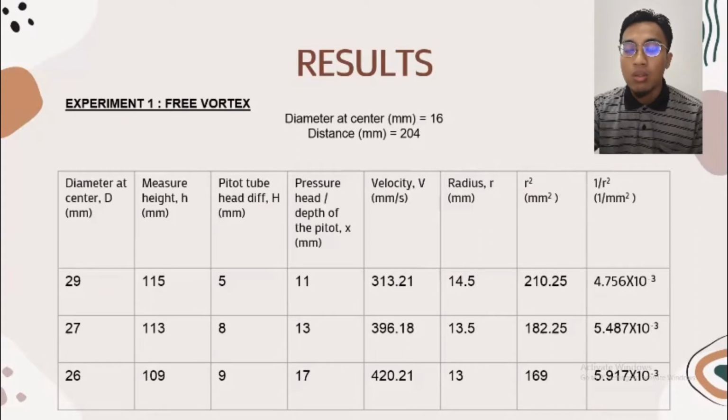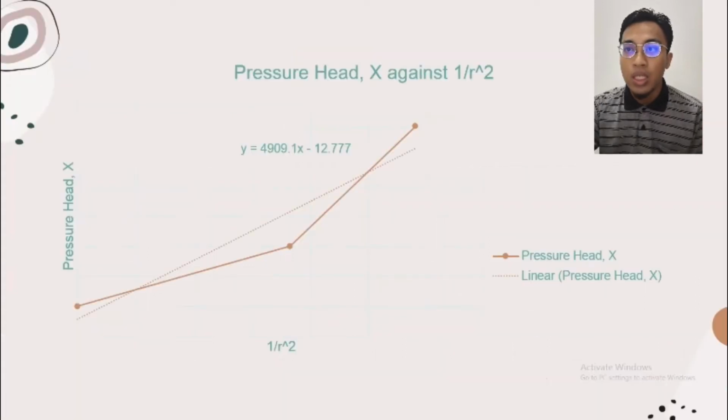So the table shows the data that we managed to get. The next one is the pressure head against 1 over r squared for the 16 millimeter diameter.